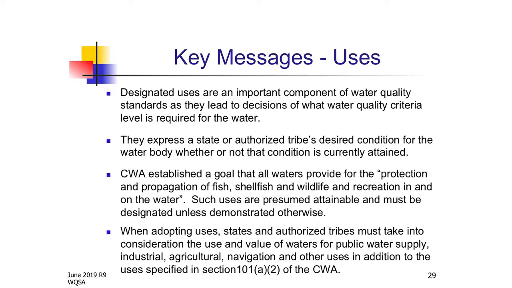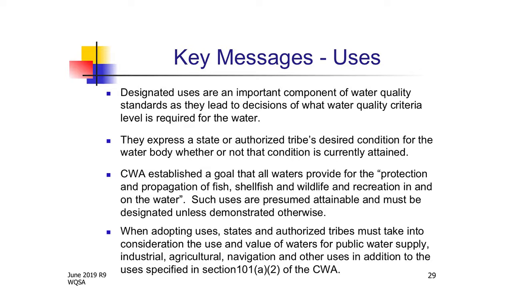Let's sum up some key messages here. Designated uses are an important component of water quality standards as they drive the water quality decision making. They communicate a state or authorized tribe's desired conditions for its waters, whether or not that condition is currently attained. 101(a)(2) uses, or the uses that provide for protection and propagation of fish, shellfish, and wildlife, and recreation in and on the water, are presumed attainable and must be designated unless a state or authorized tribe demonstrates otherwise through the required UAA.